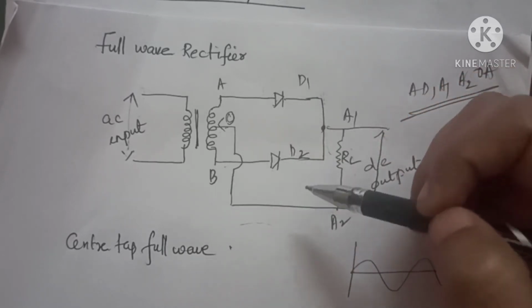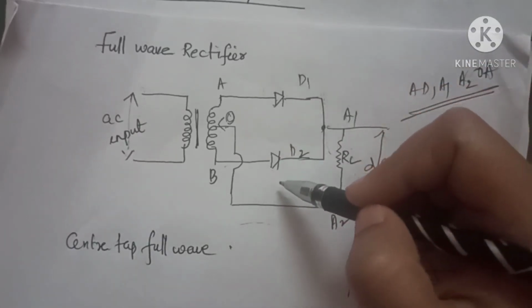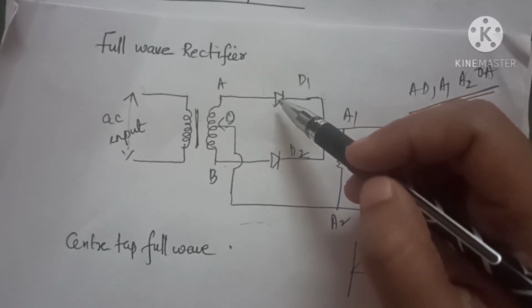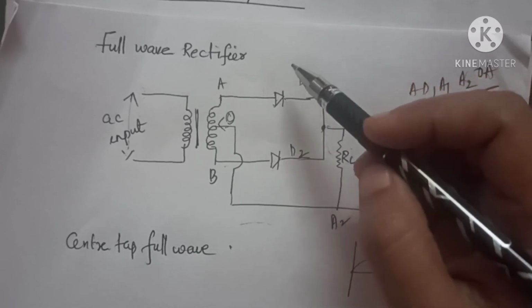Okay. Now in the next half cycle, the diode D2 is forward biased and D1 is reverse biased. Hence D2 conducts current in that direction.